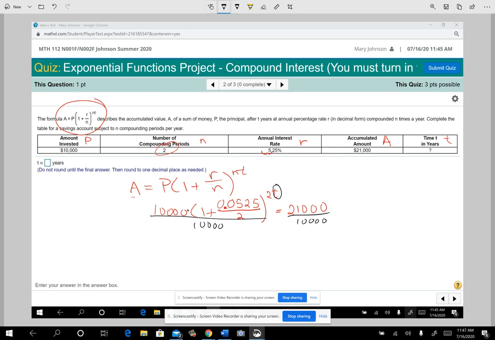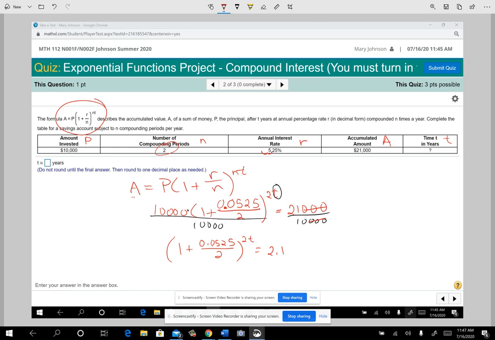Okay, so when I do, that turns out to be 1 plus, and then the 0.0525. Be careful not to lose that 0 right after the decimal. Raised to the 2t power. And then you can divide that out. And you'll have 21 divided by 10. So that's going to be 2.1. You can just do that on your calculator also.